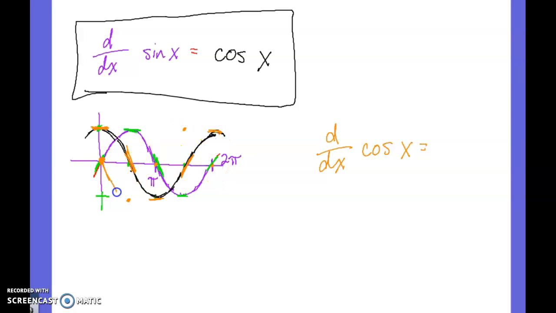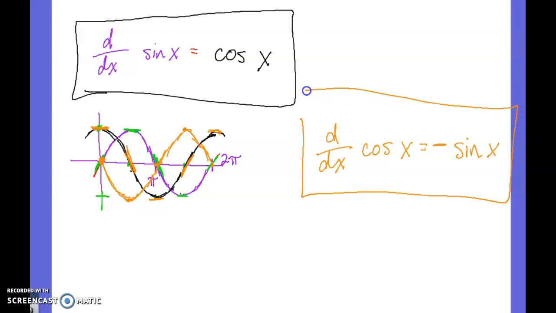So what you'll notice, I know my picture is getting messy, but the curve that I get is the same as the purple curve I started with, except it's reflected over the x-axis. So when something's reflected over the x-axis, it's negative. And that purple curve was the graph of sine. So in other words, the derivative of sine is cosine, but the derivative of cosine is negative sine.